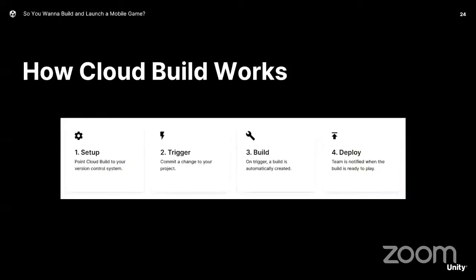So how Cloud Build works is that you just have to set it up in the Unity Operate dashboard, and you can set a trigger, something like a commit change from your repository to trigger a build. And once that build is created, you can choose to have it deploy and notify specific teammates in your team.